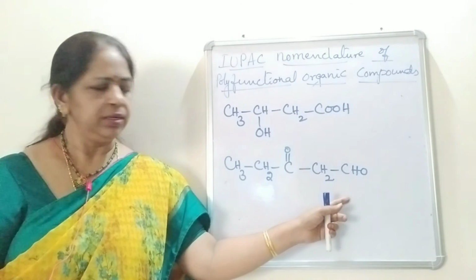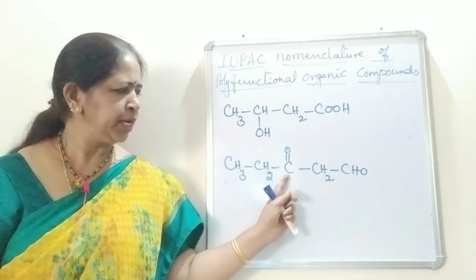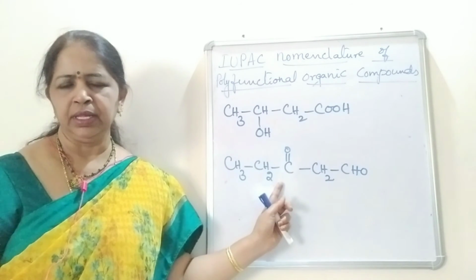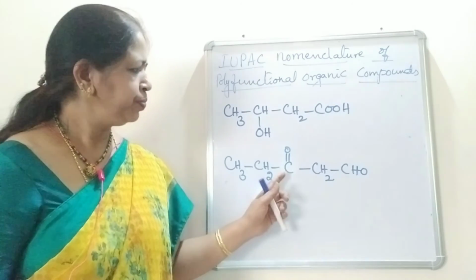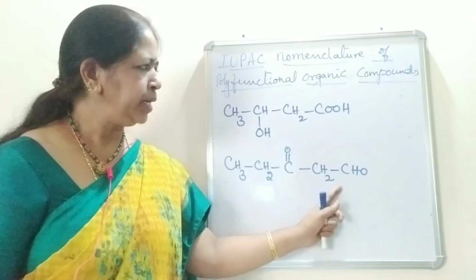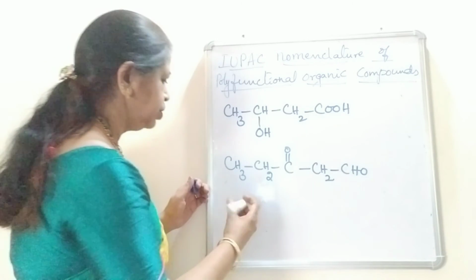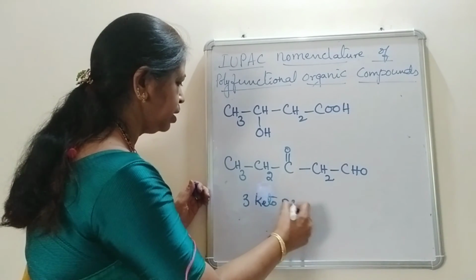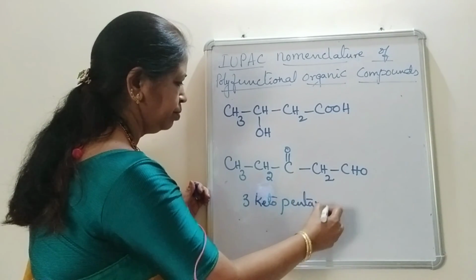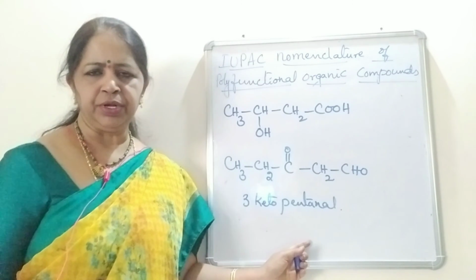It is a 5 carbon chain and at third carbon a keto group is present. Keto can be written as oxo also. So, it is 3-ketopentanal. This is the IUPAC name of this compound.